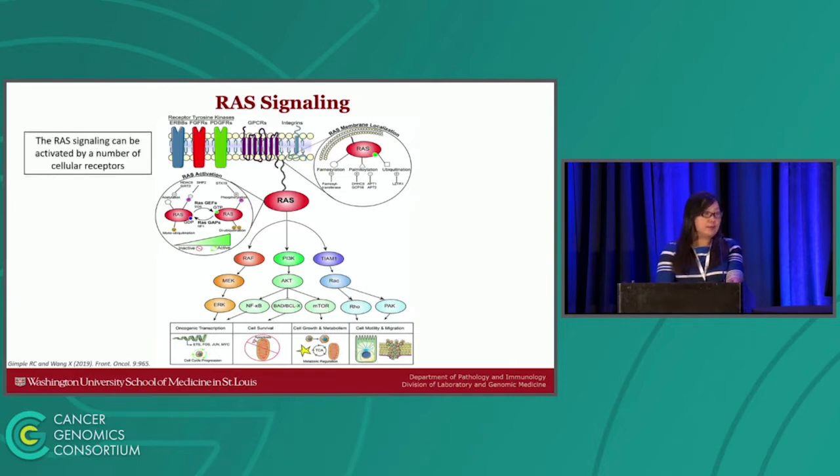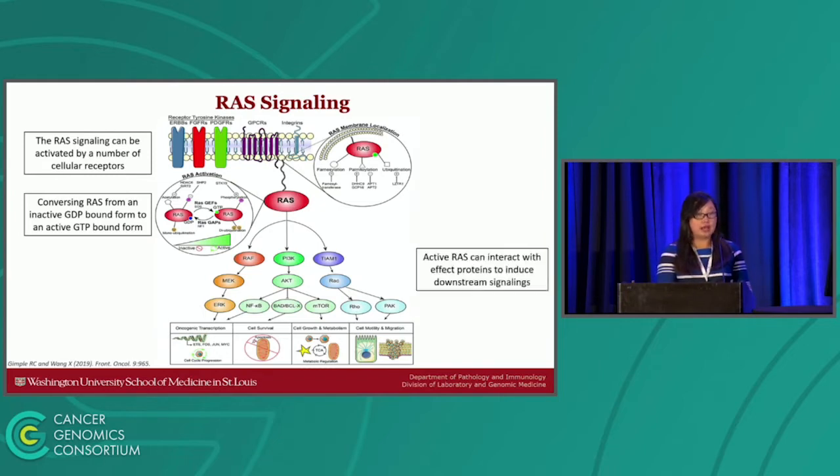The RAS MAPK pathway can be activated by a number of cellular receptors, including the receptor tyrosine kinases, such as the FGFRs, PDGFRs, and the ERBBs, as well as the G protein coupled receptors, as well as the endocrine family members. These signaling cascades initiate RAS activation by converting RAS from the inactive GTP bound form to the active GTP bound form.